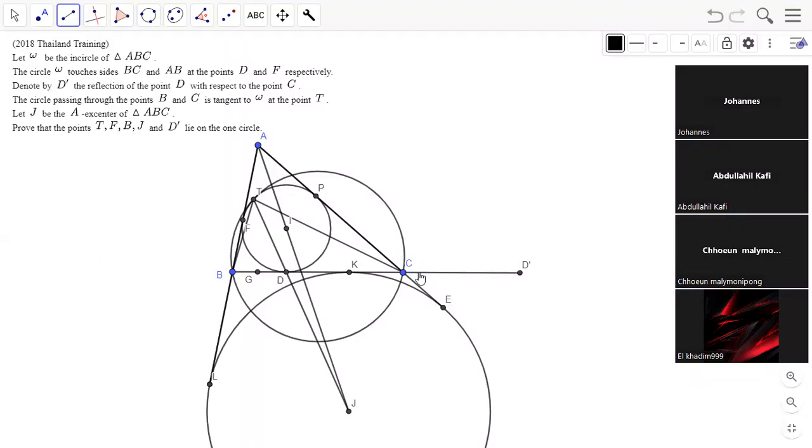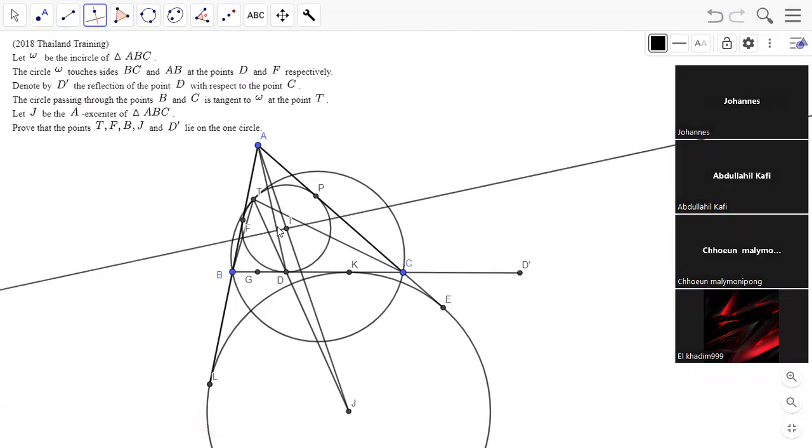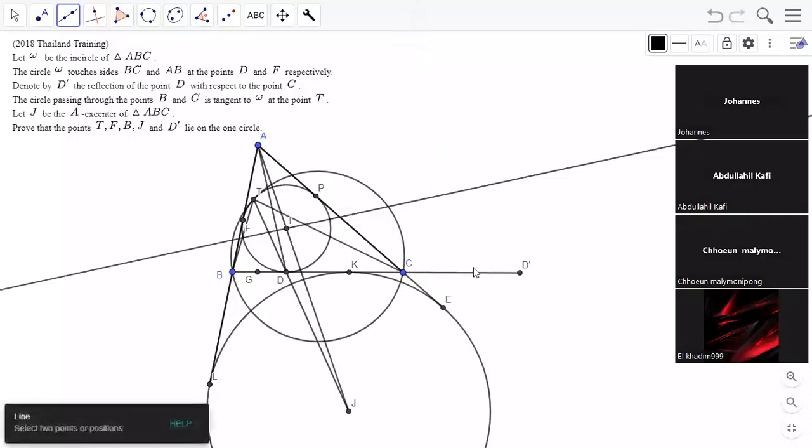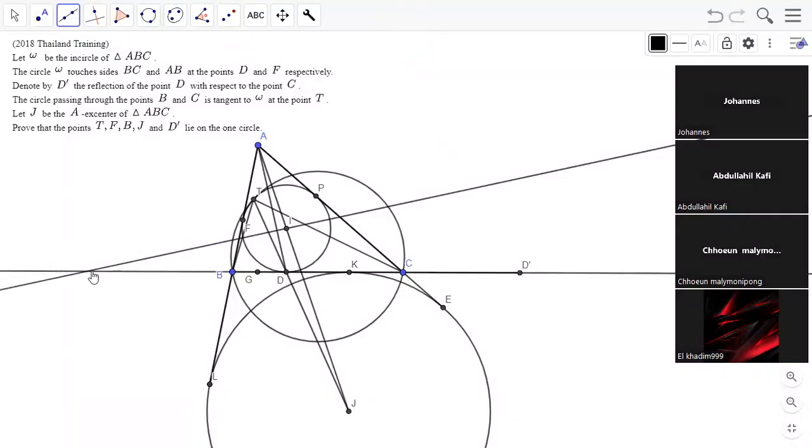Basically I drew the perpendicular from I to AB, and so AB passes through this point, then AD is the polar of this point with respect to the incircle. So you can show that these all concur, and let me see what I did.